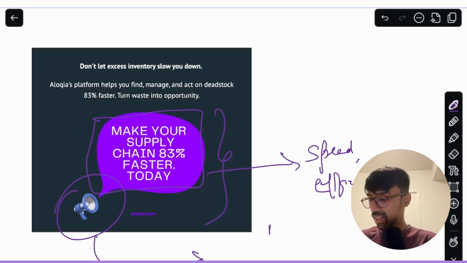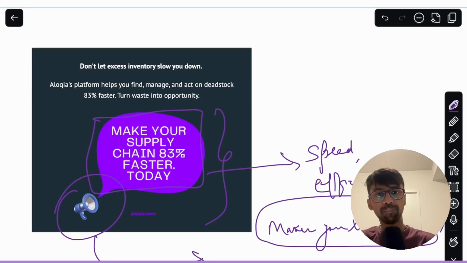So make your X Y% better. This is a great hook. This is data backed, and the specificity is the critical part of this copy.